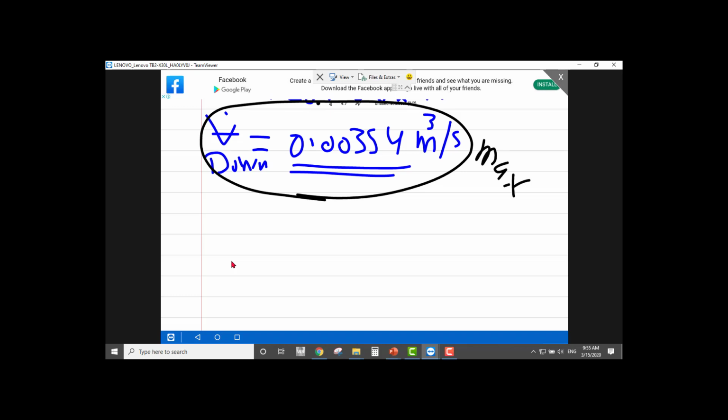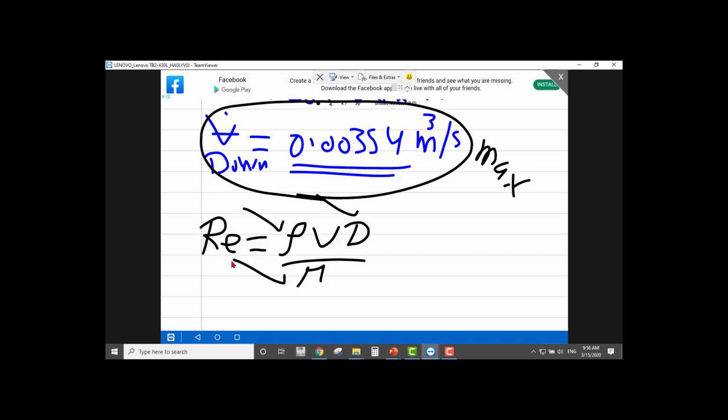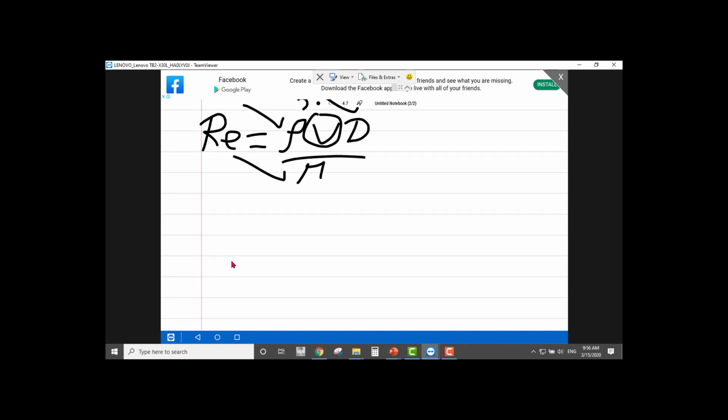Now, how to do the verification? We must calculate the Reynolds number. Reynolds number is rho multiplied by velocity multiplied by diameter divided by mu. But here we have rho, we have diameter, we have mu, but we don't have velocity. So how to find velocity? Maybe someone from the attendance will answer.